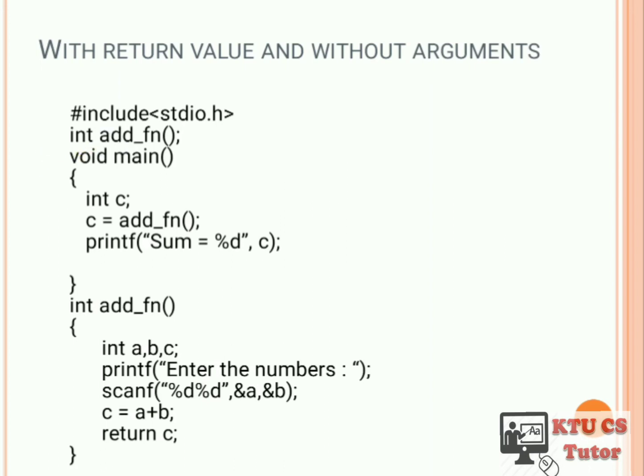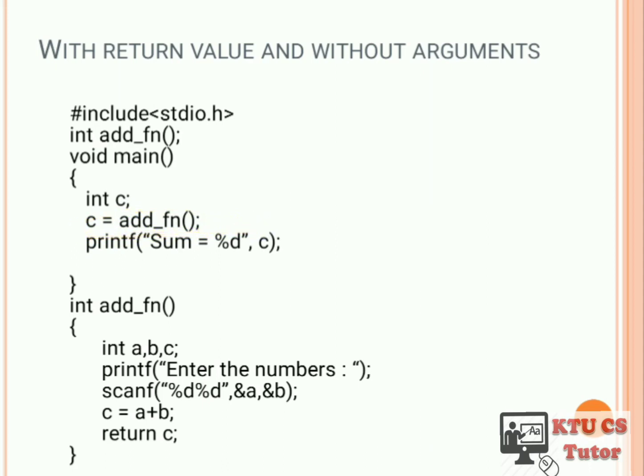Since we are finding the sum of two integer values, we know that the result will be an integer. So we will be returning an integer variable. So the return type is int. Then the function name, and we are not sending any arguments, so it's empty here. Clear? So inside the main function we are declaring another variable c, and c equal to the add function.